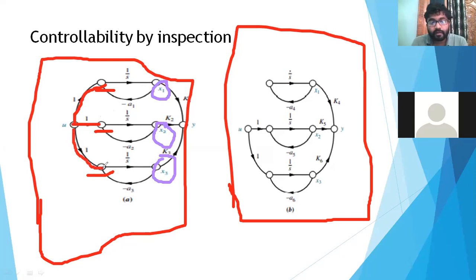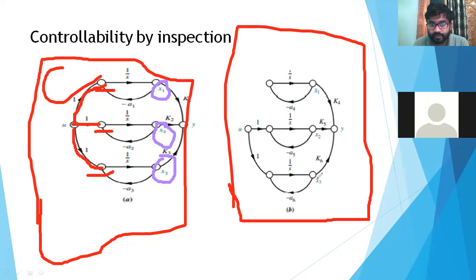It means that by introducing some parameter at the input, or by making some modifications in the input, I can influence every state variable. So this system is said to be controllable.